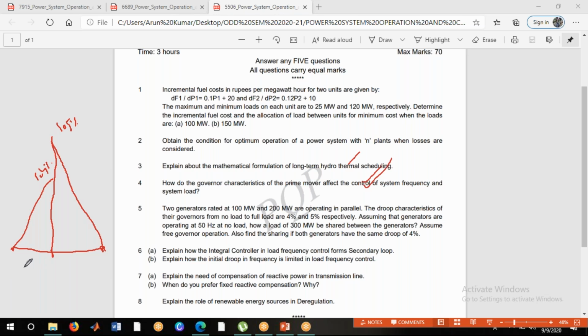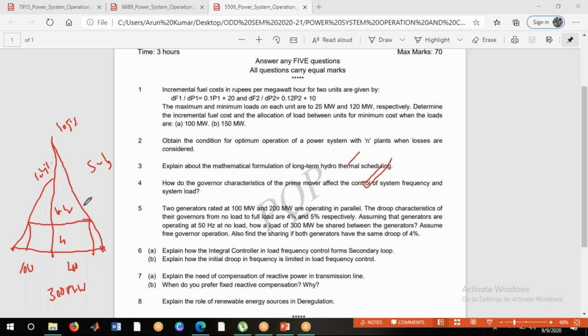The individual capacity is 100 megawatt and 200 megawatt, and the load has to be shared between them, total load is 300 megawatt. And from here to here is h, this is the distance of h, and it is 4 minus h, and it is 5 minus h.